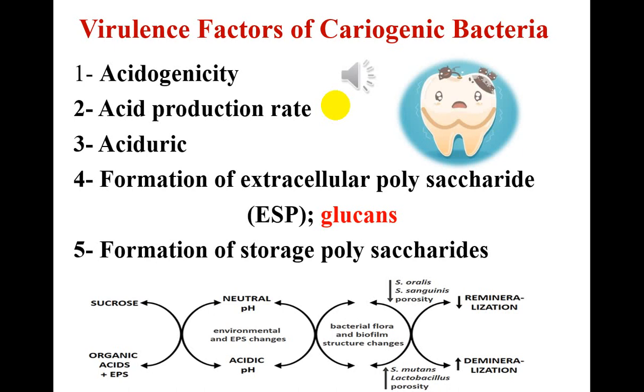So when there is deficiency in oxygen or deficiency in exogenous carbohydrate, they can utilize and metabolize this intracellular storage for energy. Finally, acid can be formed, and there is more probability of dental caries.